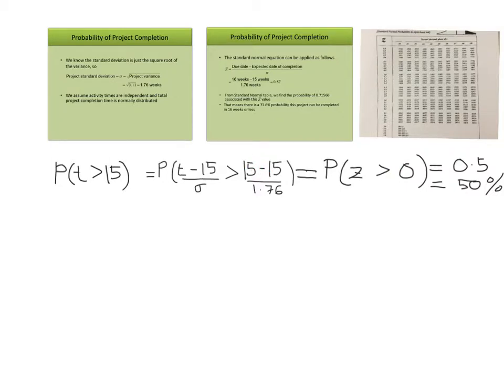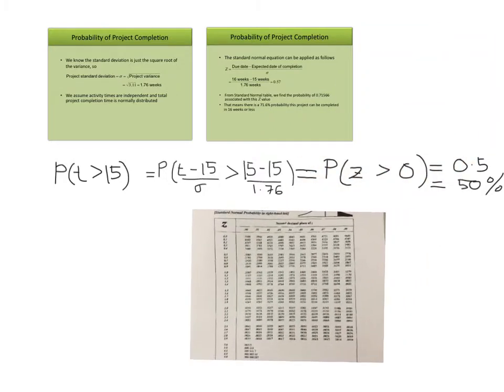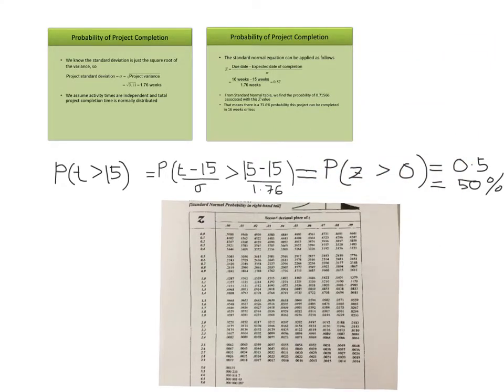And from the table, where is 0? This is 0. So the probability that Z is greater than 0 is 0.5. That means there's a 50% chance that the project can be completed on the 15th week.